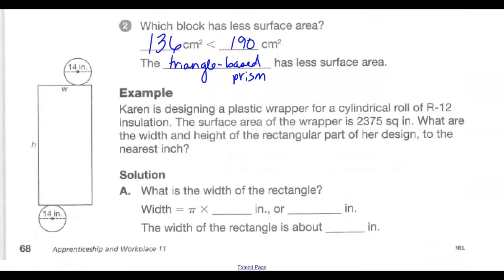So here we'll get into a cylinder, just like the net that we looked at in the previous lesson. So we've got a rectangle and 2 circles. The circles can't be on the same edge as each other, because that means they would overlap. So they've got to be on opposite edges.